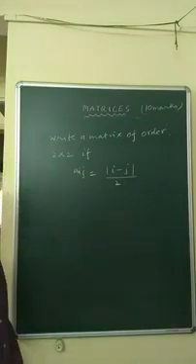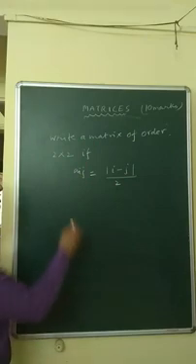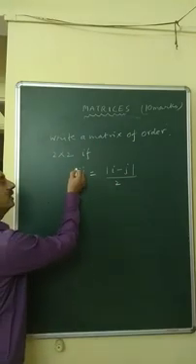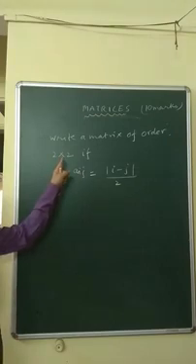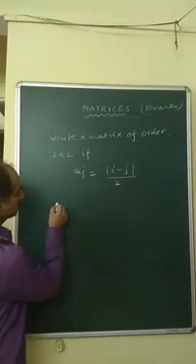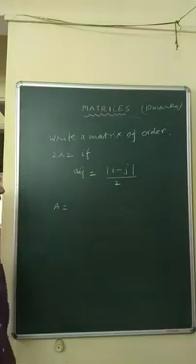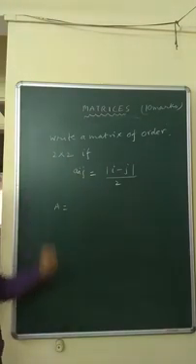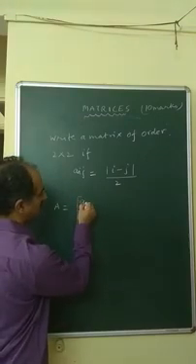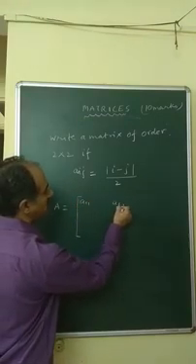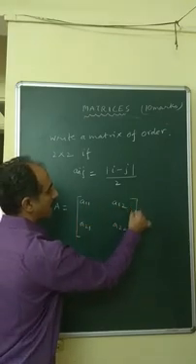Let us suppose we give the name of that matrix as A and its order is 2 cross 2. So that matrix is actually A11, A12, A21, A22.